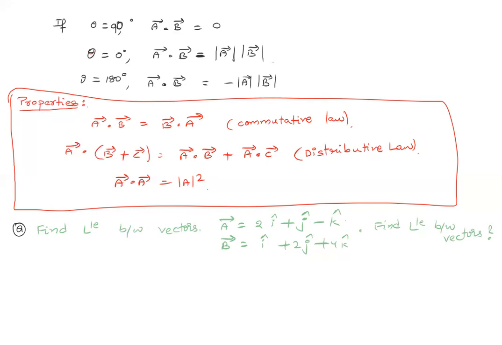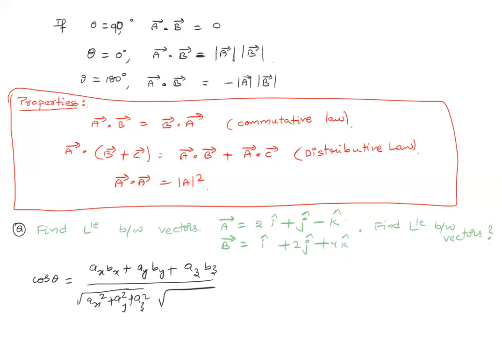In this case, cos theta is (ax bx + ay by + az bz) divided by under root (ax² + ay² + az²) times under root (bx² + by² + bz²).